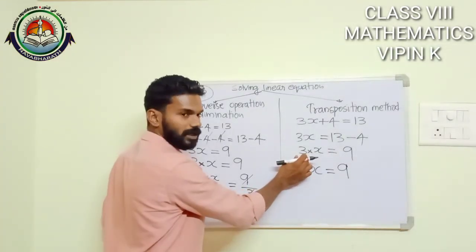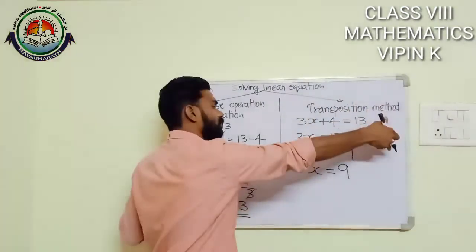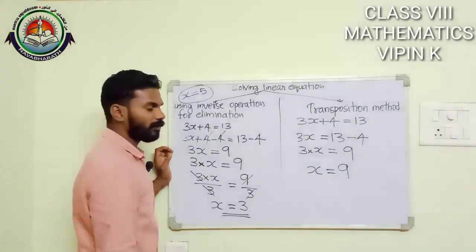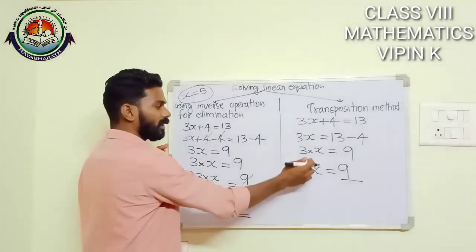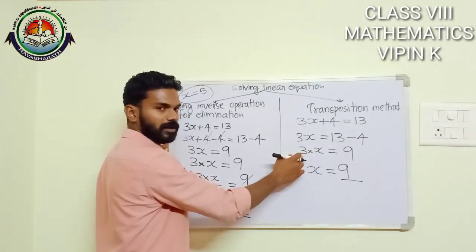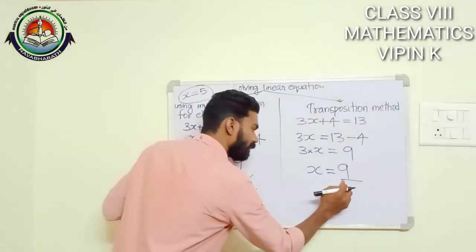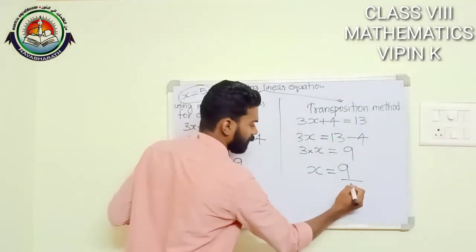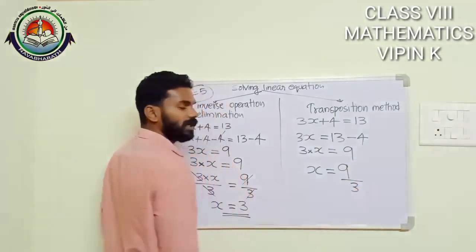Now the 3 which is multiplied has to be transposed to the other side. Then multiplication would become division. Multiplied by 3, when transposed to the other side, would become divided by 3.